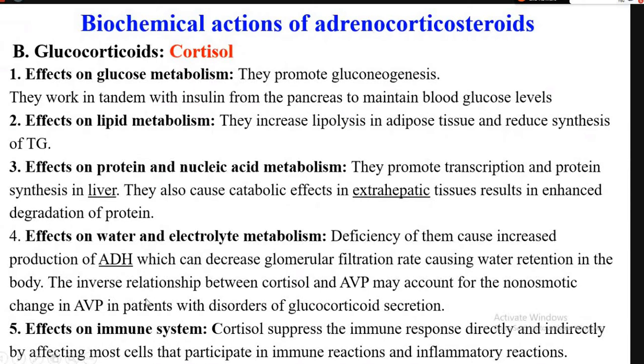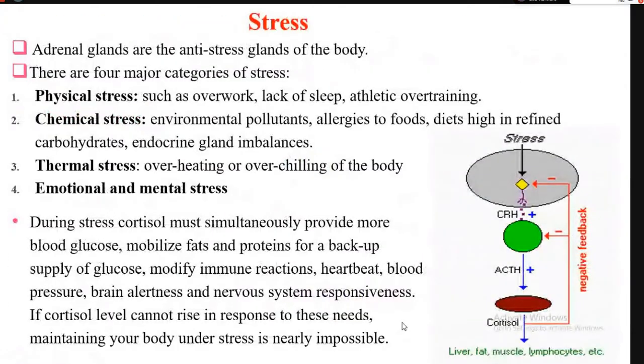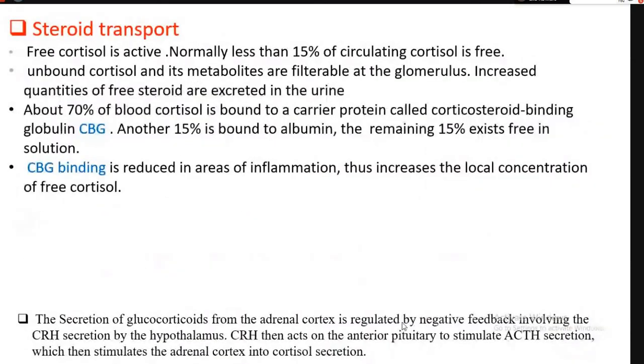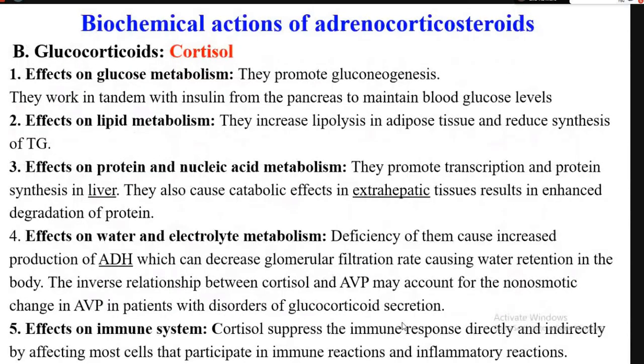The inverse relation between cortisol and vasopressin may account for the iso-osmotic change in ADH in patients with disorders of glucocorticoid secretion. Okay, so there is water retention.